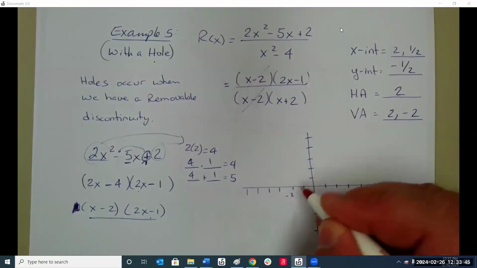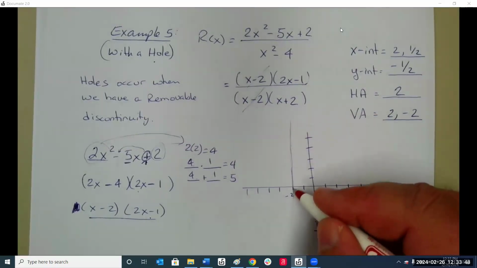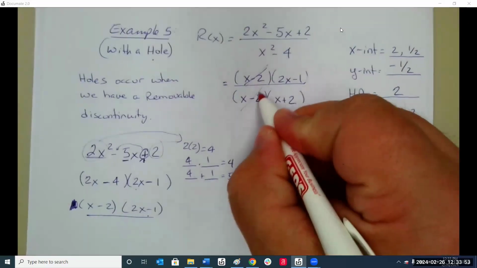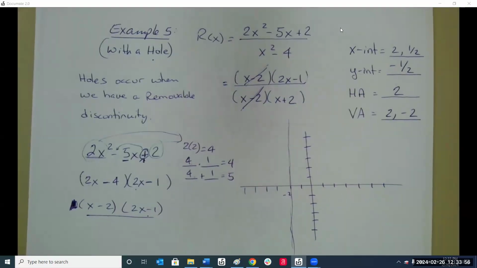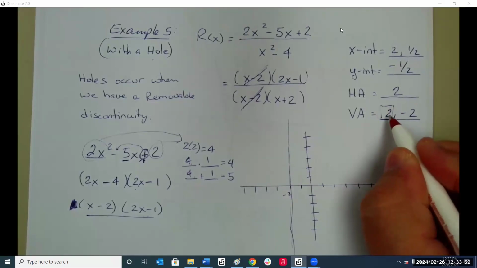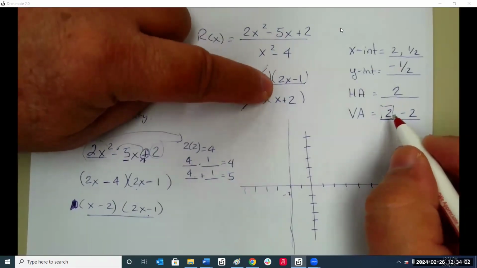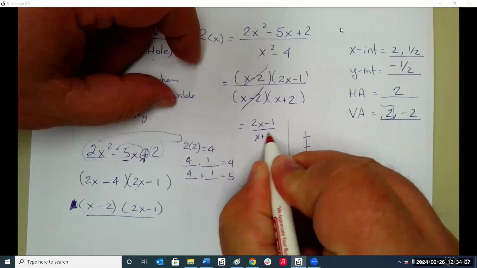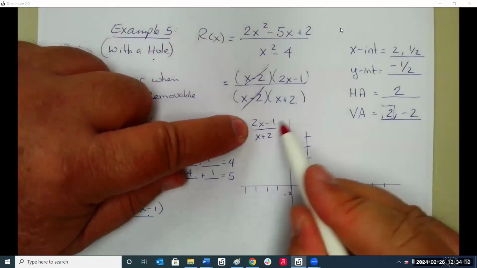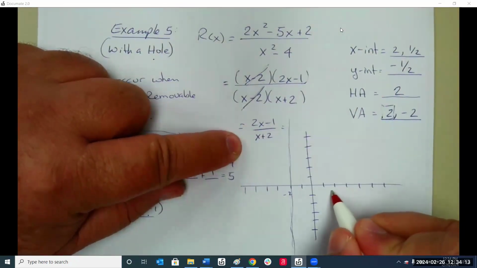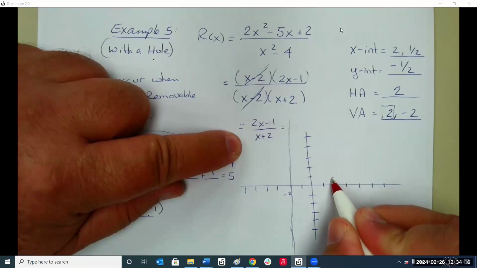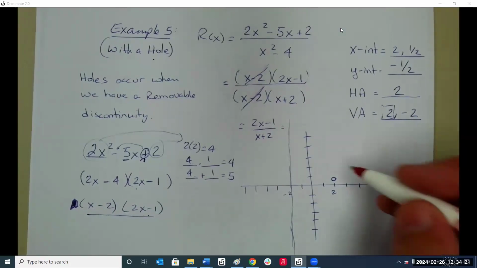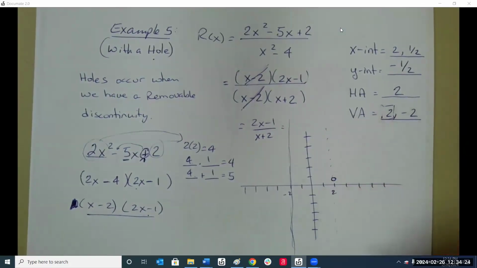At negative 2, we have an asymptote. At 2, because these cancel, that's a removable discontinuity. At the value 2, if we plug that back into the equation, what we have left, we get 3 over 4. So at (2, 3/4), we have a hole. Because that's where the other asymptote would have been.